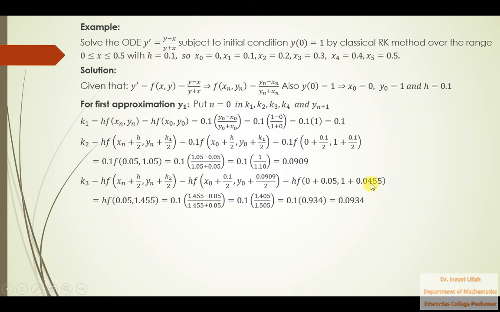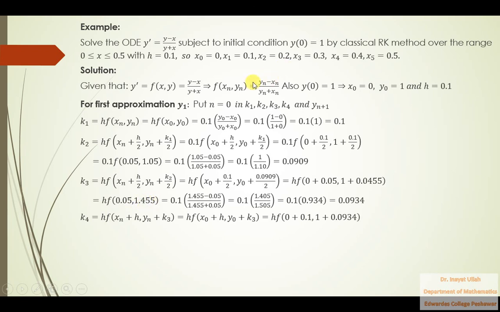We see that this is 0, so put 0 here. So that is function of 0.05 comma 1.0455. If you look around here, instead of xn here is 0.05, and instead of yn here is 1.0, put 0 here, okay, 1.0455.